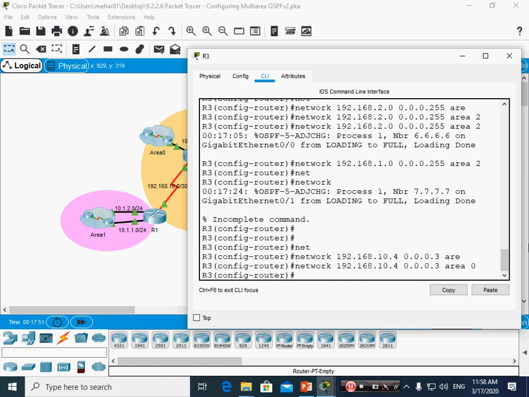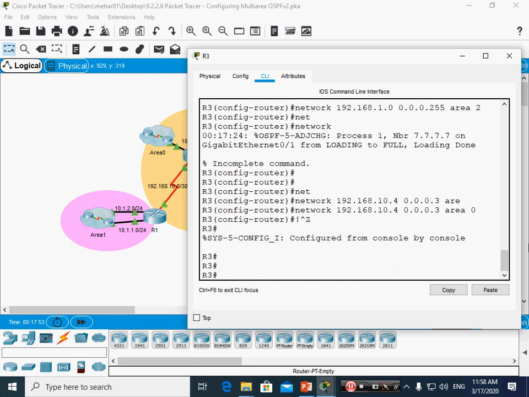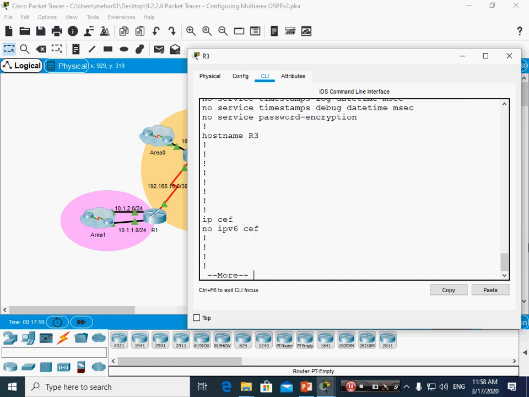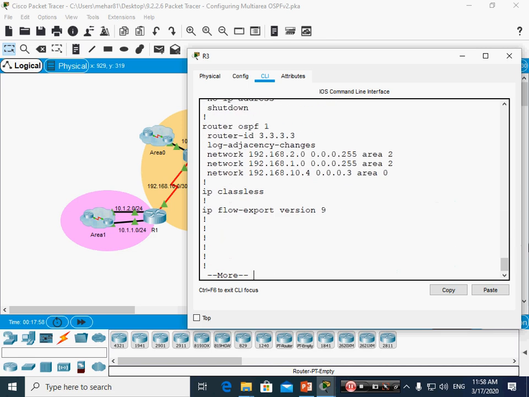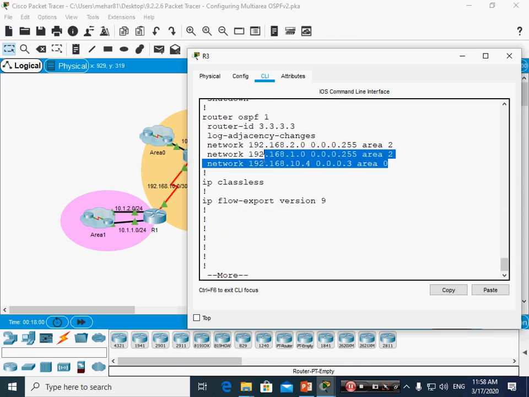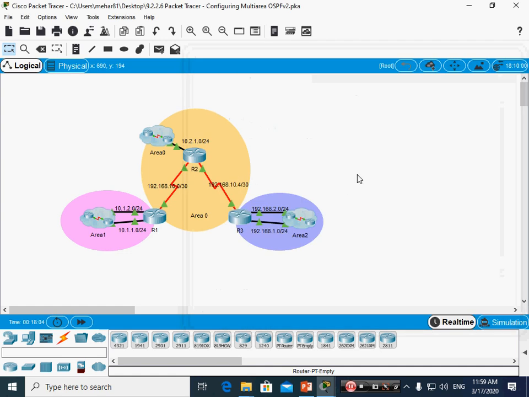This network is in area 0. So just type and you can double check whether these three networks have been configured or not. You can see yes, you have configured these three networks with this router ID and process ID.